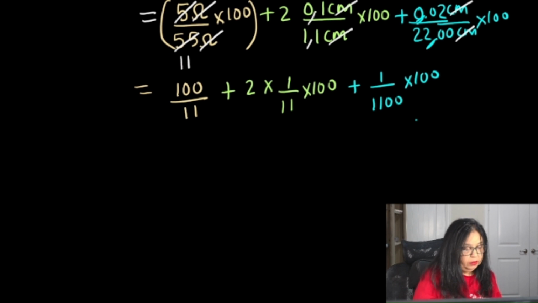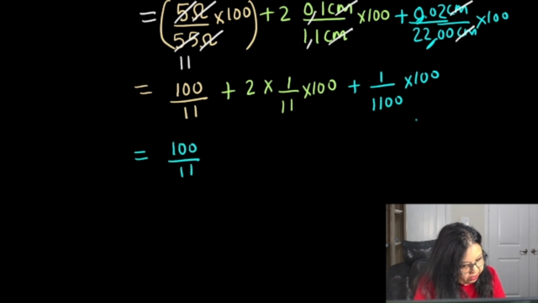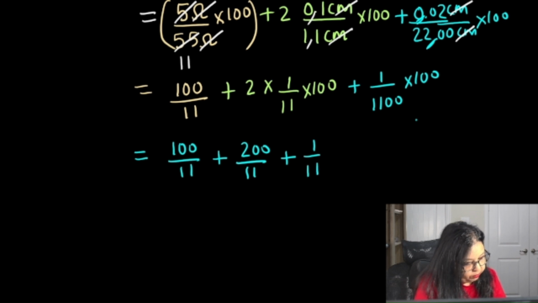What do we get? So what we get is 100 divided by 11 plus 200 divided by 11 plus 1 divided by 11. Okay. So 11 in the denominator is common in all of them.